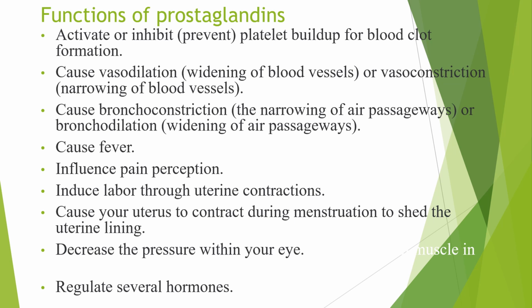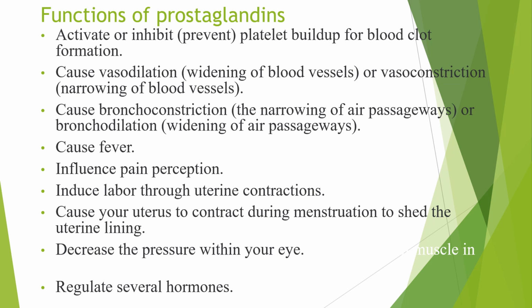Another important function we should consider is that prostaglandin causes bronchoconstriction, that is narrowing of the air pathways, or bronchodilation, that is widening of the air passageways. Now, what happens when we have bronchoconstriction? There is possibility of asthma attack.